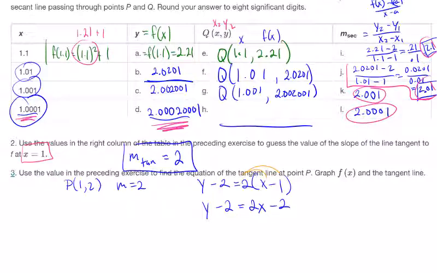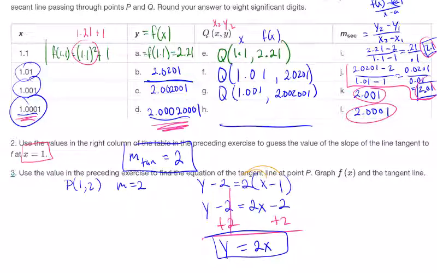We can add 2 to both sides, and we get y equals 2x plus 0, right? So this is our equation right there.